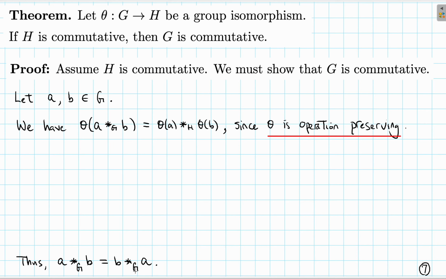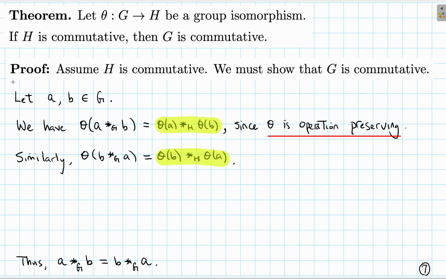Now we can do the same thing with B times A. So we'll say similarly, theta of B times A is equal to theta of B times theta of A, keeping track of where these multiplications are taking place. And then because H is commutative, these two expressions, do it in yellow, are equal to each other.